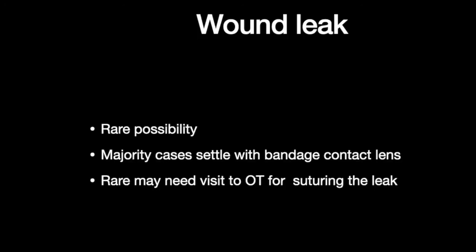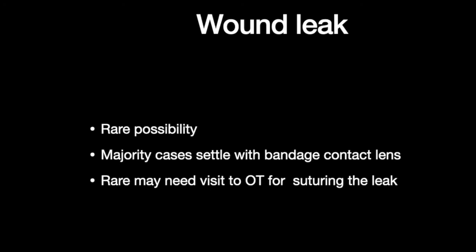Now, wound leak can be a very minimal wound leak to the other extreme where it leaks significantly. So, to treat this leaks, usually a simple contact lens, we call it as bandage contact lens, is applied, and it is kept in the eye for a period of 7 to 14 days, sometimes even up to 3 weeks. And with the pressure of this bandage contact lens, the leak points which are there gets sealed.